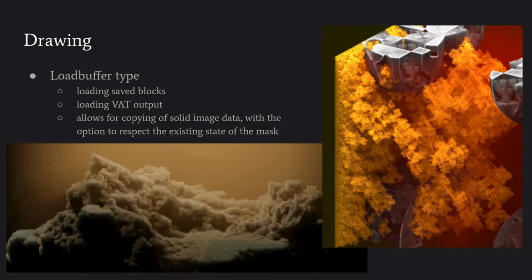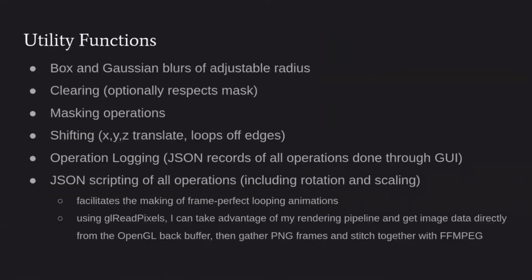Basically, I generate all that voxel data on the CPU, put it in a texture, and invoke a shader that has some logic to do that copying operation. That copying operation can either respect the mask or just overwrite everything, depending on the behavior you want.